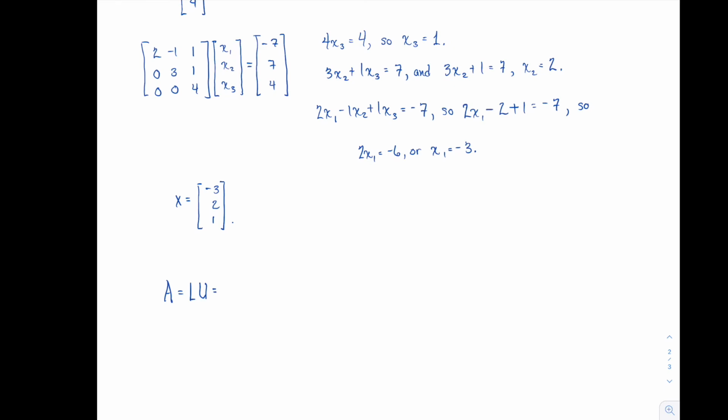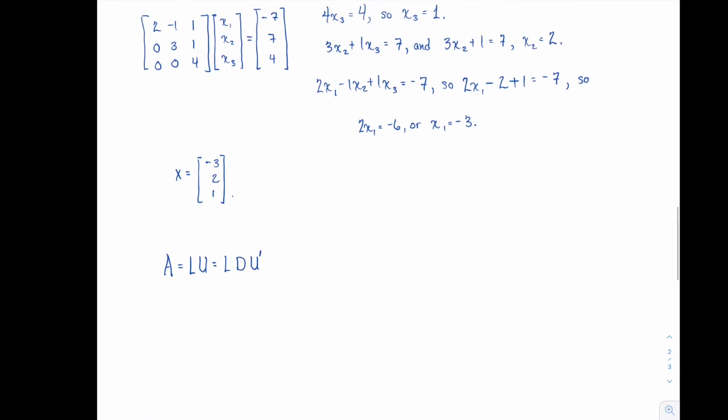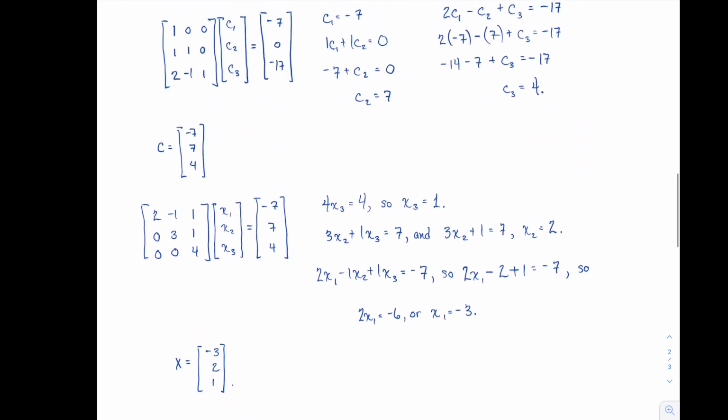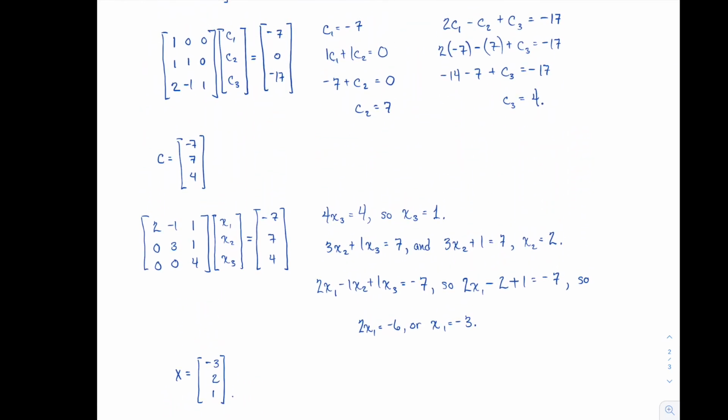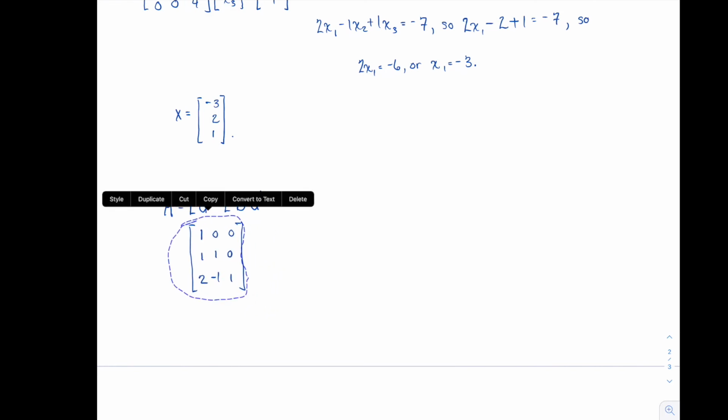What we're going to do is break U up one more step. We're going to write A as L times D times a revised U, so I'll give it a prime. And here's how it works. Let's find our actual LU. So our lower triangular matrix is right there. So let's copy that. I'm going to grab this matrix. Let's put it down here.